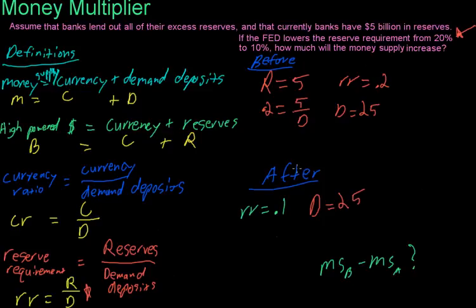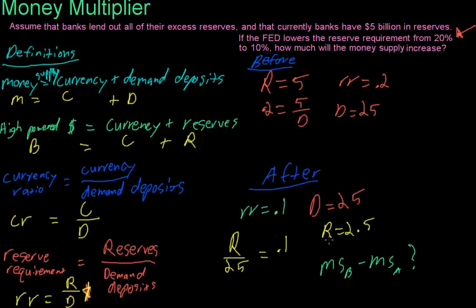So the next thing we can find out here is what R is after. So we have R now, we're just using the same formula over here. We're going to have R over 25 is equal to 0.1. And 25 times 0.1 is 2.5, so this gives us that R is equal to 2.5.